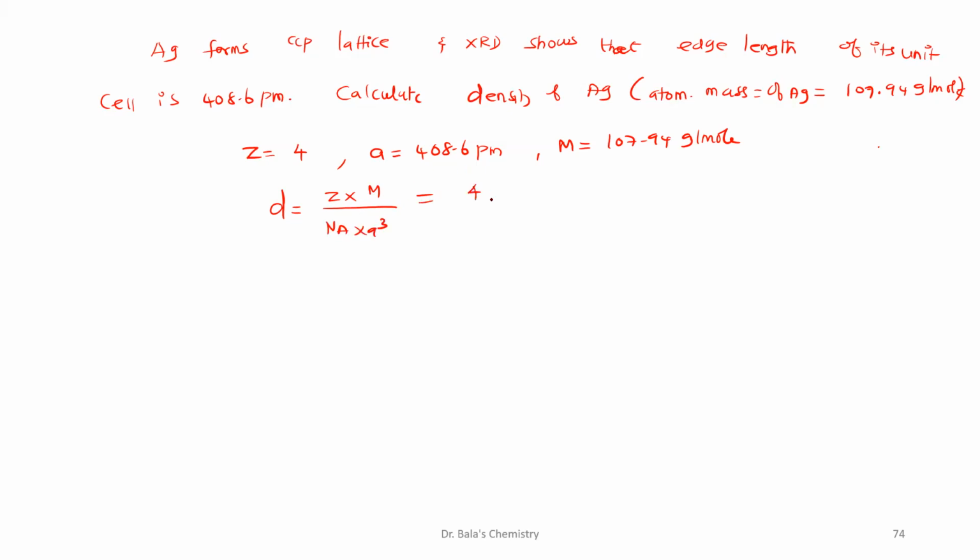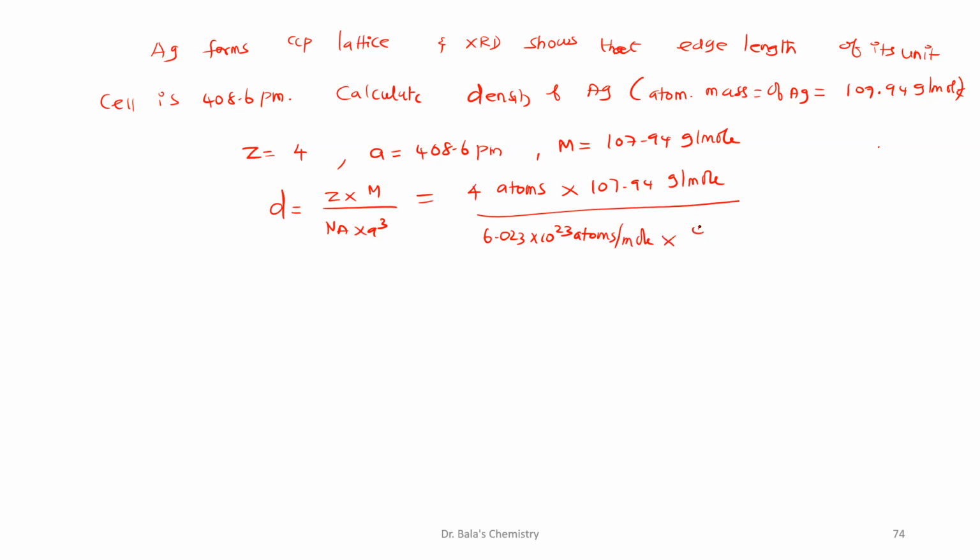So Z is 4 atoms, M is 107.94 gram per mole, divided by Na, 6.023 into 10 power 23 atoms per mole, into A cube.